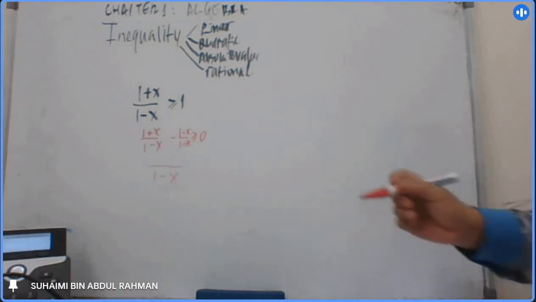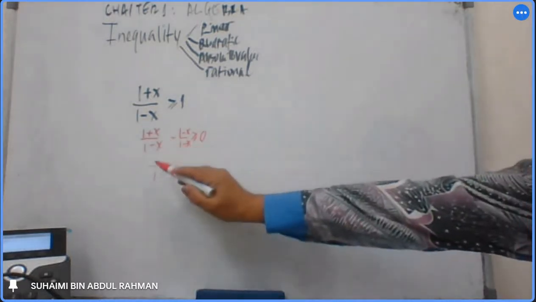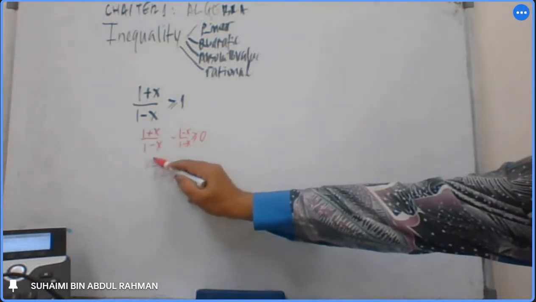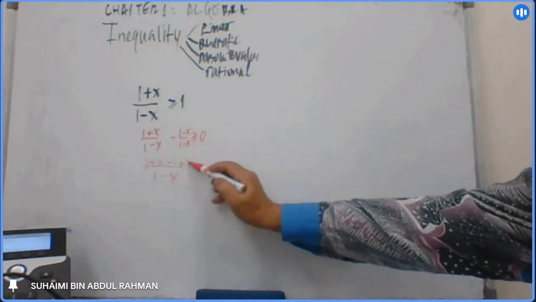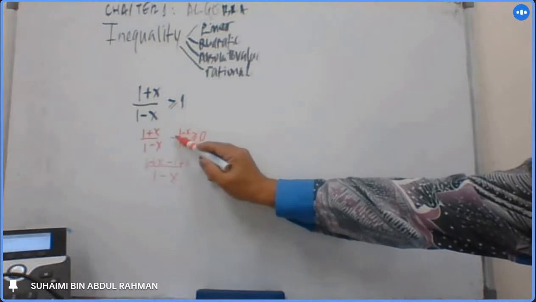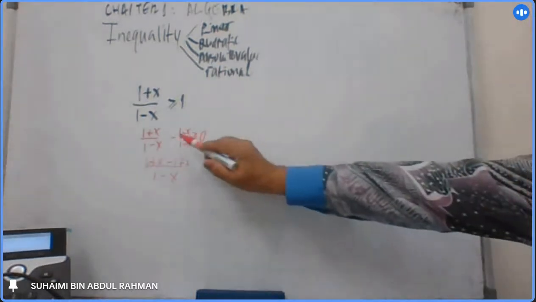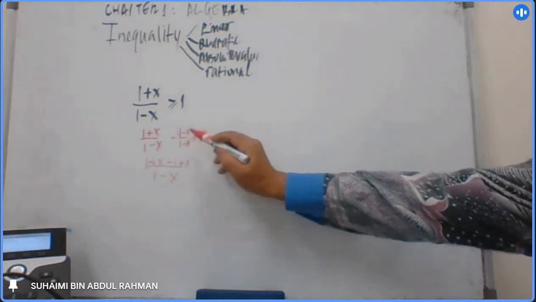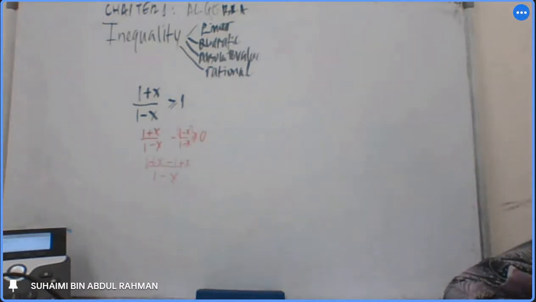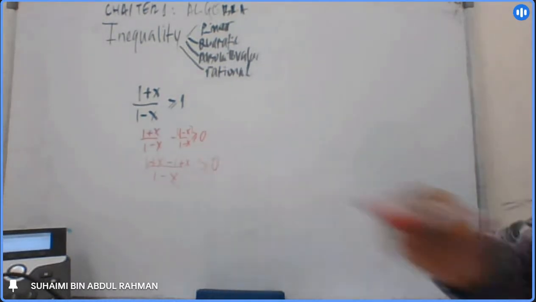Now we try to solve our numerator: 1 plus x minus (1 minus x), because of minus and minus. Is that clear? Hopefully you know that it is because of minus and minus. Minus 1 is the same as this, with a bracket there, greater than or equal to 0.